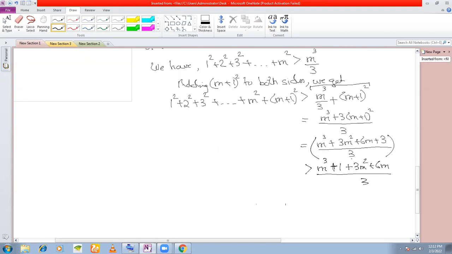Because see, all the terms are same here. We have m cube here, m cube here. We have 3m square here, 3m square here. We have 6m here, 6m here. Only thing is this 3 is greater than 1. So that is why this entire expression must be greater than this, right? Clear with this step?